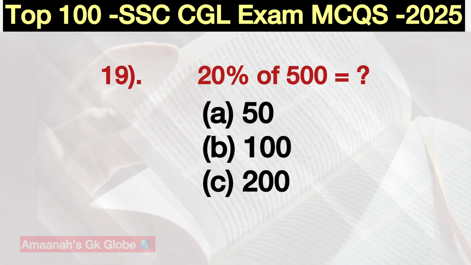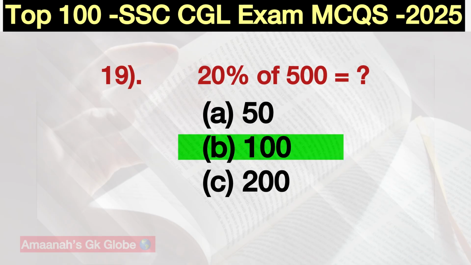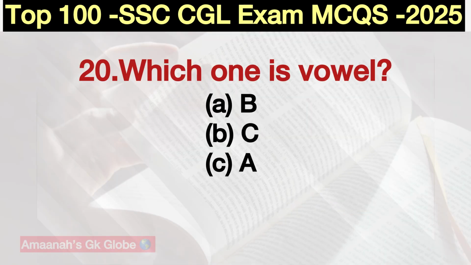Next question is 20% of 500 is. Right answer is option B, 100. Question number 20. Which one is wall?